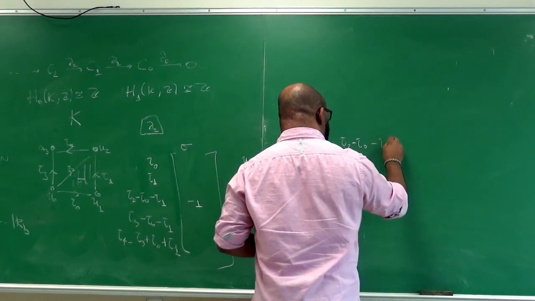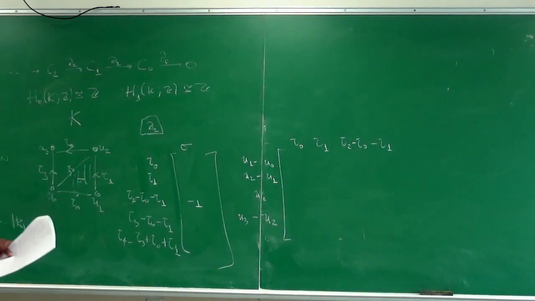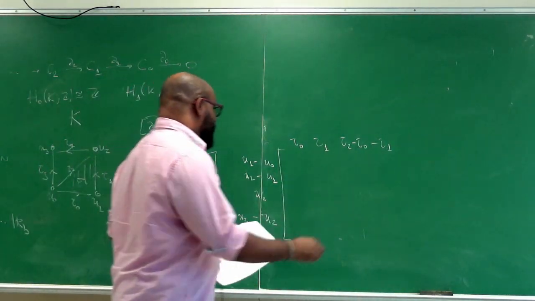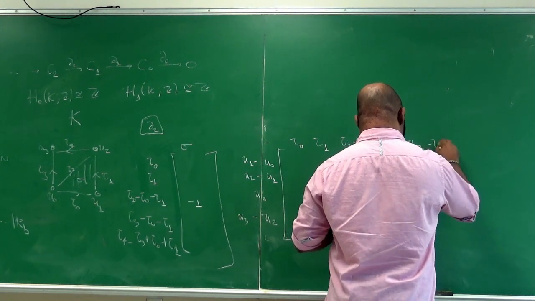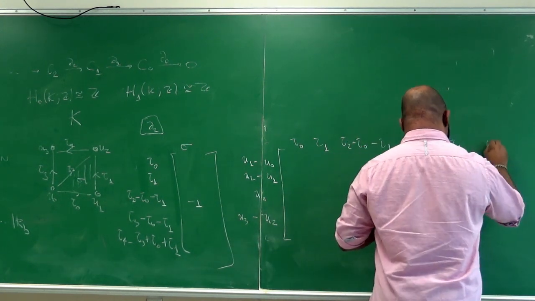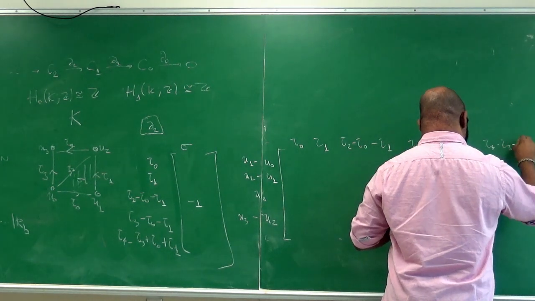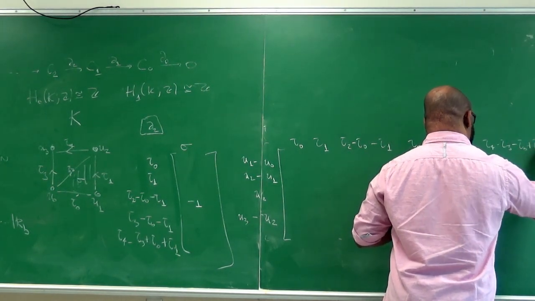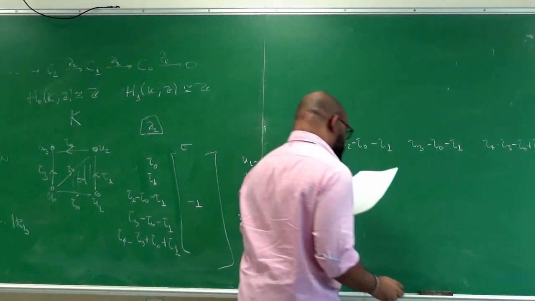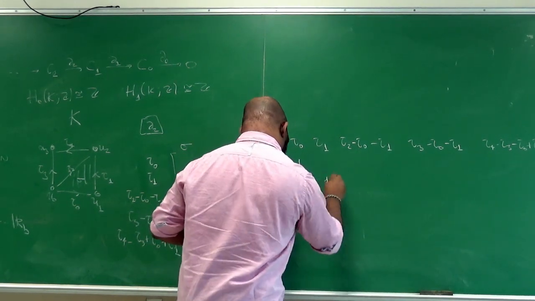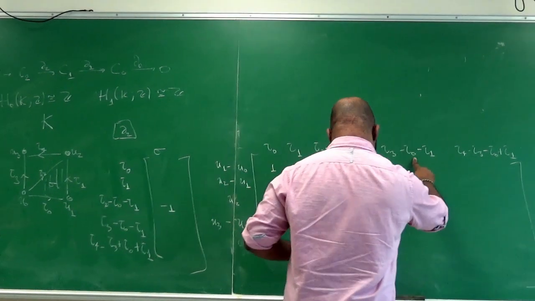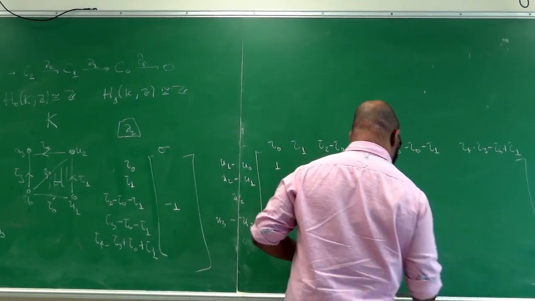This is the basis we get. Tau 3 minus tau 0 minus tau 1, and then tau 4 minus tau 3 minus tau 0 minus tau 1. And then the matrix looks like a 1 in here, a 1 in here, and then a 1 all the way in here.